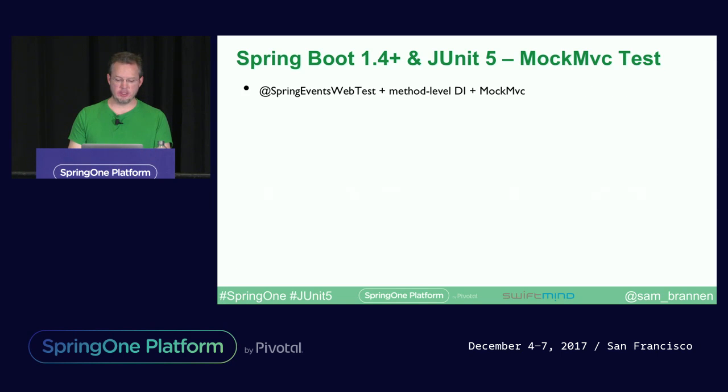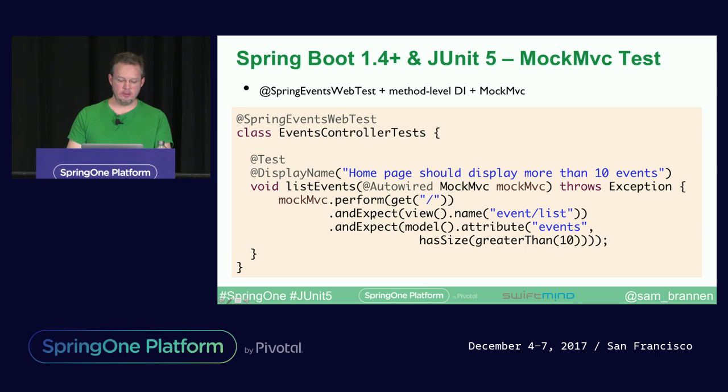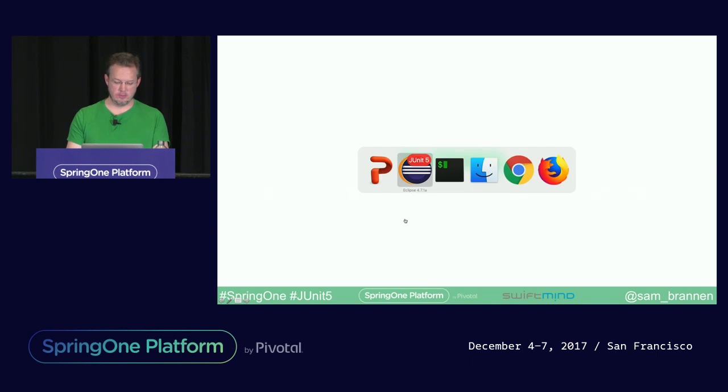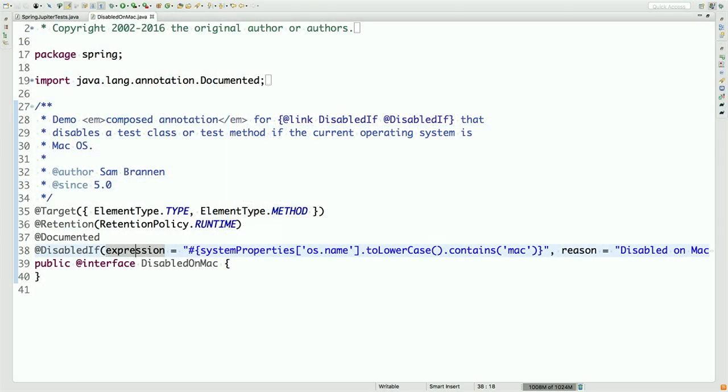And if we wanted to see that in action, we can. So we see SpringEventsWebTest, simplifying all the configuration from Spring, Spring Boot, and JUnit Jupyter together, having a JUnit Jupyter test, custom display name, auto-wiring in the MockMvc that's automatically created by Spring Boot, right? And then you can just use that thing locally, right? So that should actually work as well. Let's check that out.